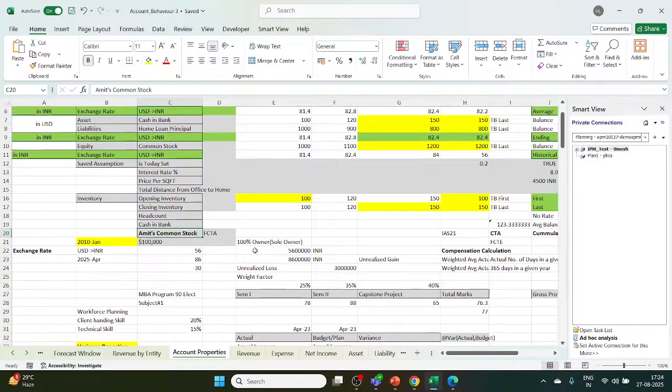Someone purchased the common stock when the exchange rate was 56 rupees. That time, for 1 lakh rupees of common stock, the exchange rate is 56, and when he purchased it, the value would be 56 lakh rupees.